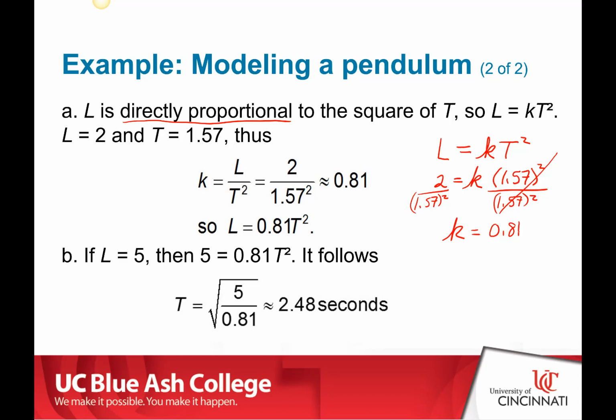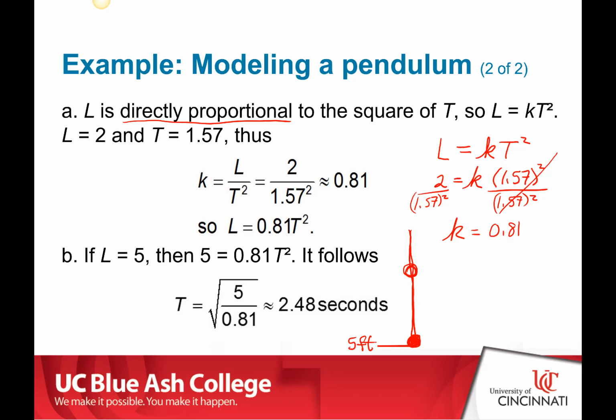If you move the weight, so here's the arm of the pendulum, and the weight was up here at 2 feet. If you slide it down here to 5 feet, how is that going to affect the amount of time it takes it to swing over and back?